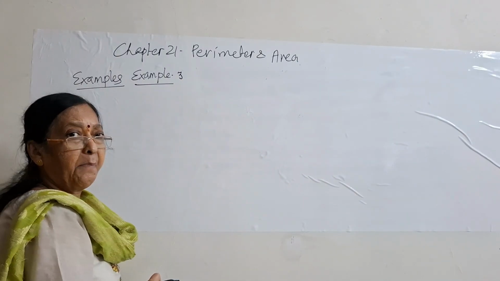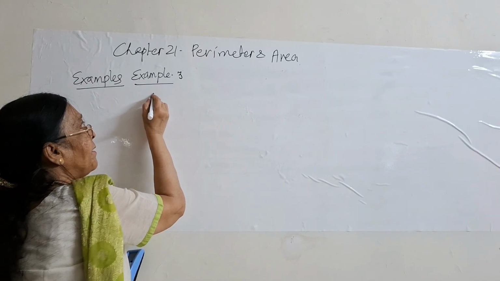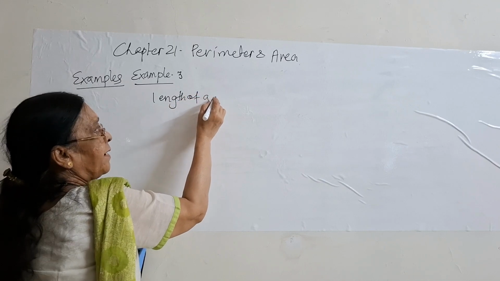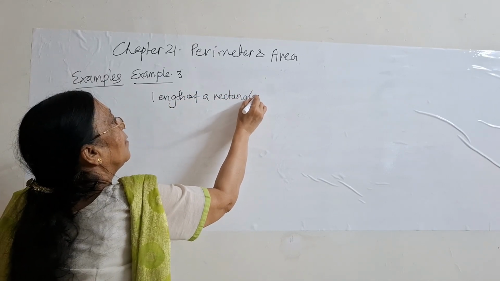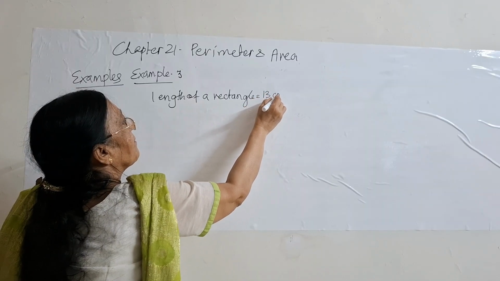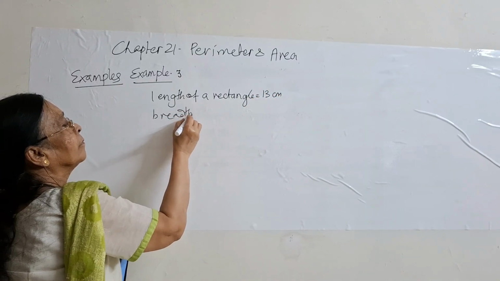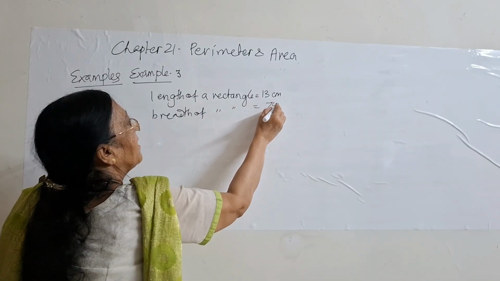The length of the rectangle equals 13 centimeters, and its breadth is 7 centimeters.